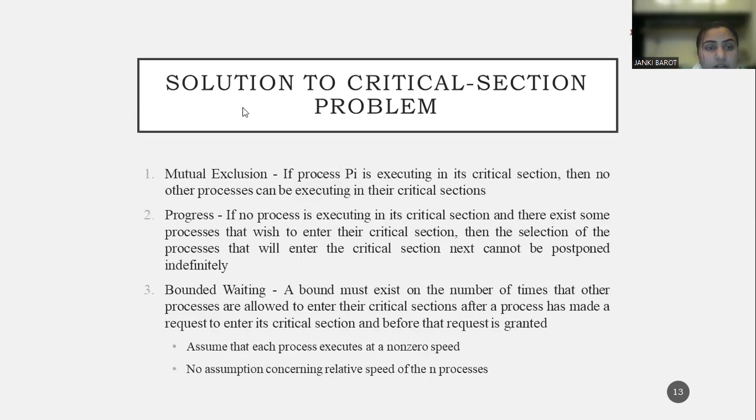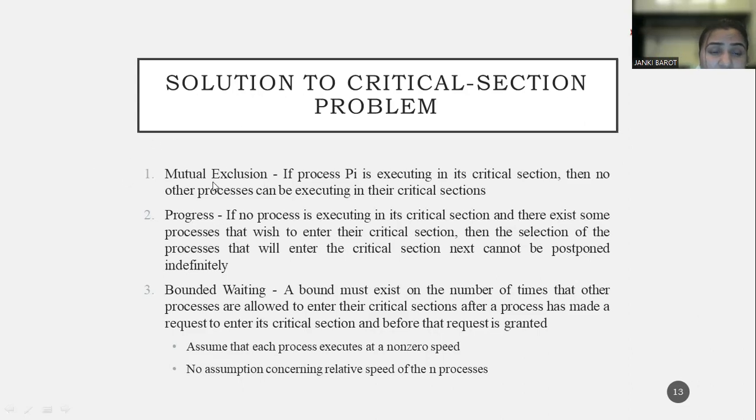Okay. Now, solutions to the critical section problem, right? So there are some solutions which have been found for the critical section problem. First one is mutual exclusion. If process Pi is executing in its critical section, then no other process can be executed in their critical section.